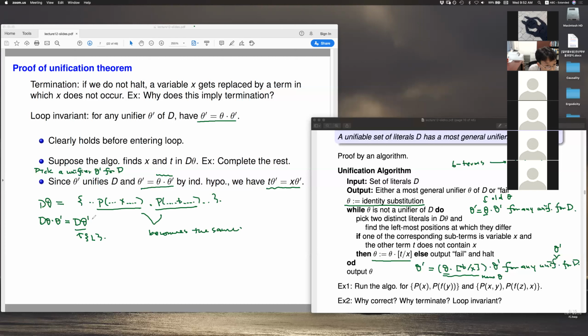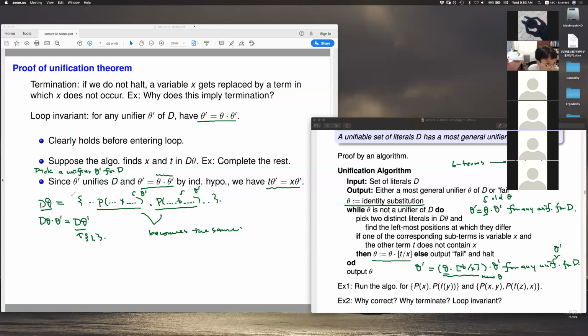So what does this mean? This means that if we apply theta prime here and theta prime here, these two things should have the same value. For this to happen, theta prime applied to x and theta prime applied to t should have the same value.